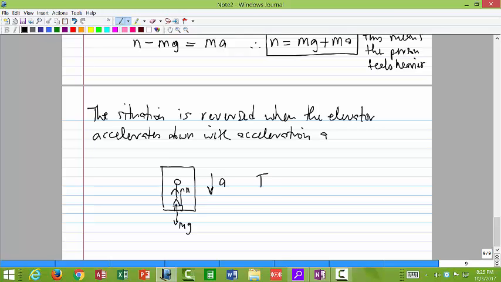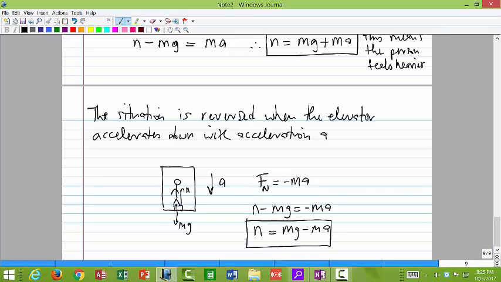The net force equals minus ma, so N minus mg equals minus ma, and N is therefore equal to mg minus ma. This time the support force is less, so the person feels lighter when the elevator is accelerating downwards.